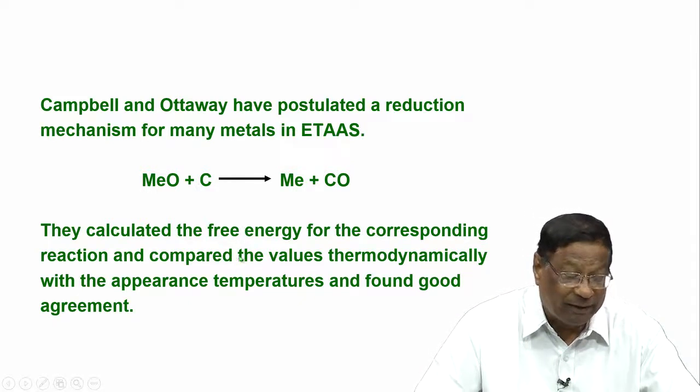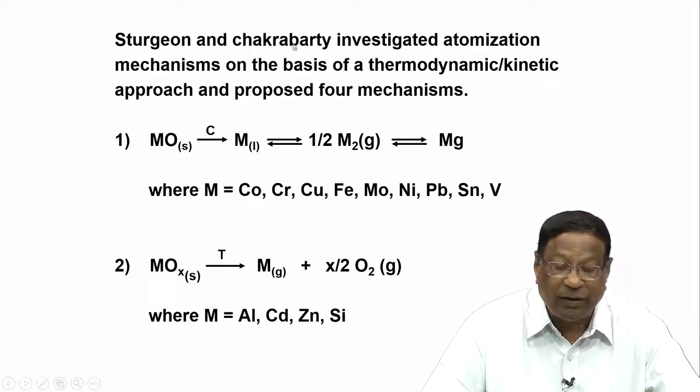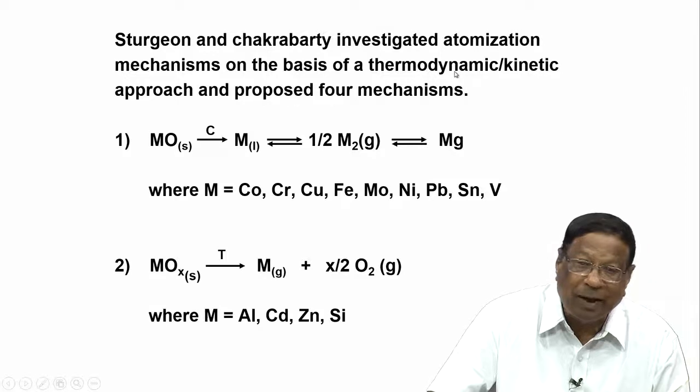That means, this reaction is one of the most important reactions in the electrothermal atomization. Okay. So, Sturgeon and Chakravarti again investigated the atomization mechanism, how they get atomized, on the basis of thermodynamic as well as kinetic approach, and they proposed 4 mechanisms.